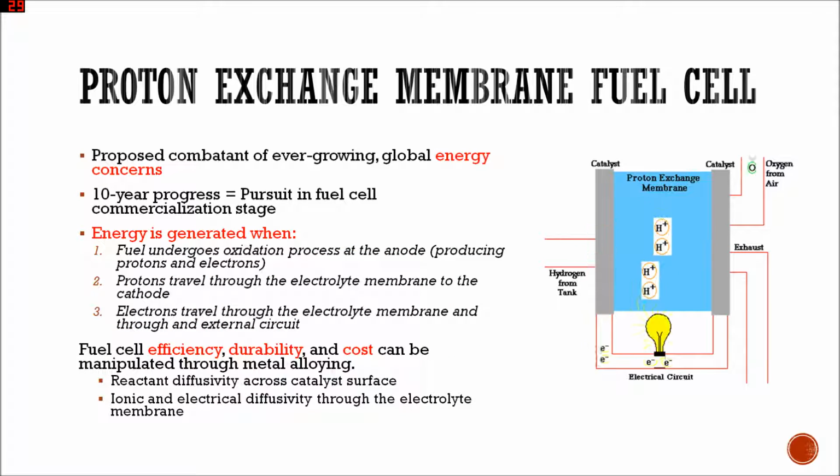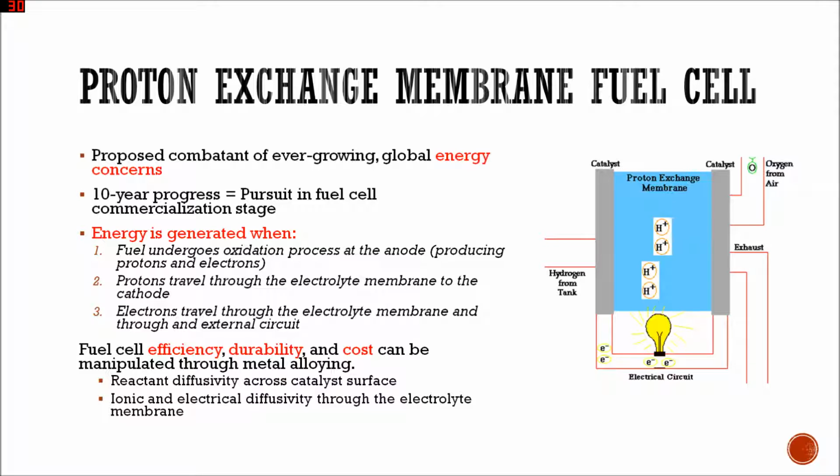On the other hand, we have proton exchange membrane fuel cells, which have been seen over the past 10 years to show progress. Proton exchange membrane fuel cells are able to, as we previously mentioned, generate clean renewable energy. This is by feeding a fuel directly into the fuel cell, as seen in the GIF to the right, which is a hydrogen fuel cell.